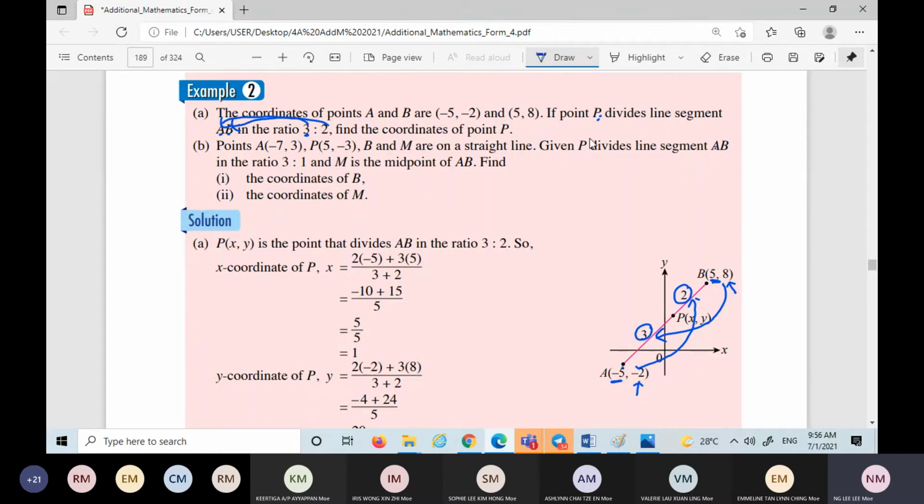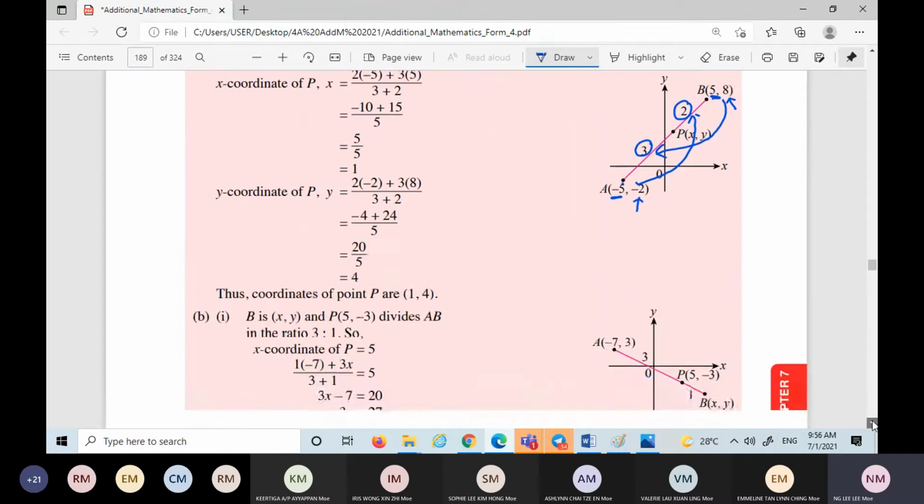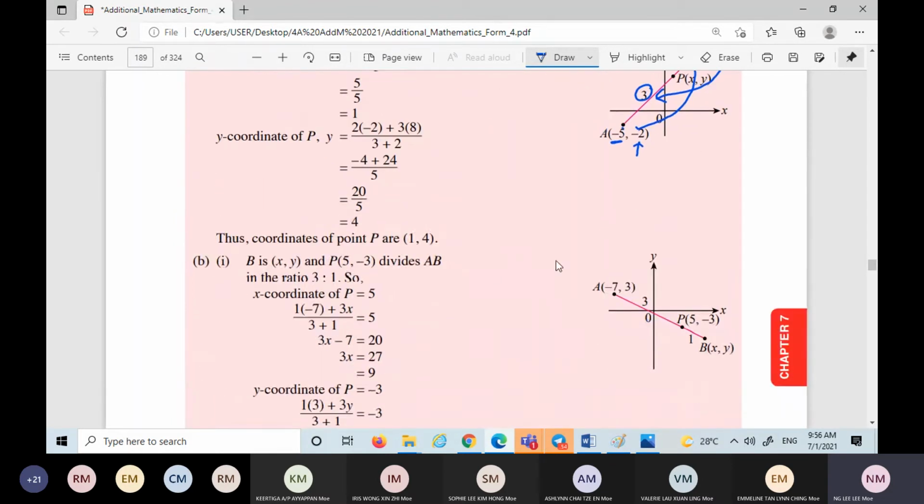This is for the AP and then this is for the BP. Same like just now. So AP is 3, BP is 1. AP is 3 and then PB is 1. You can circle it out.